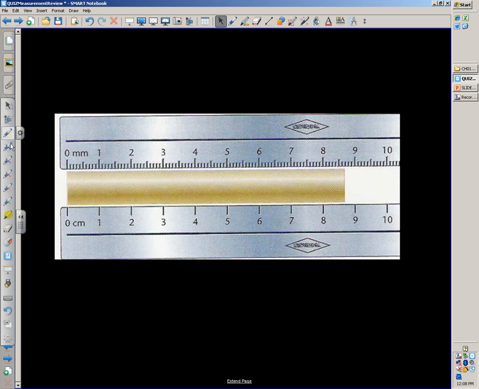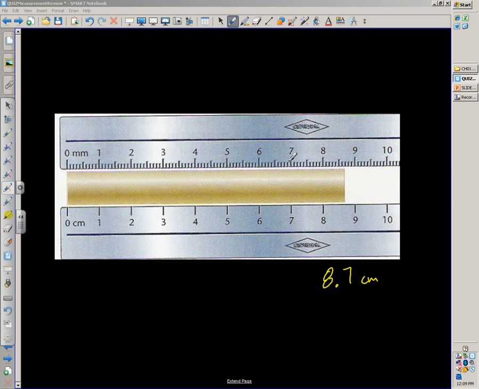If we look at the bottom ruler first, each of the lines on the ruler represents 1 centimeter. Therefore, we have one certain digit. It's 8. Then we have an estimation of how far we are between the previous certain digit and the next certain digit. I think this is about 70% of the way, so I would call this 8.7 centimeters, according to the bottom ruler.